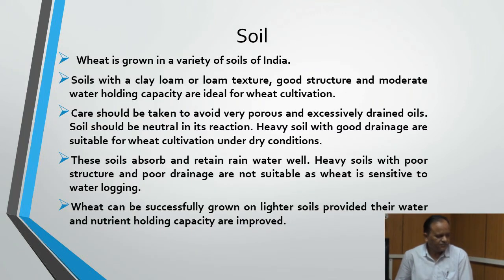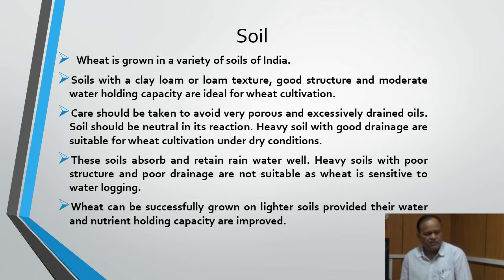Now the soil. Wheat is grown in a variety of soils, but the most suitable soils in India are clay loam or loam texture soil. A good texture and moderate water holding capacity are ideal for wheat cultivation. Care should be taken to avoid very porous and excessively drained soils.